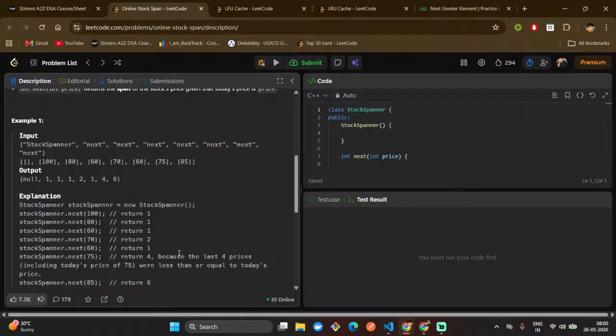Now we have to just find the size minus that. How many times? We can use a simple stack here. First comes the 16, so it's 1. Now let's come to this 18, not greater than 70.